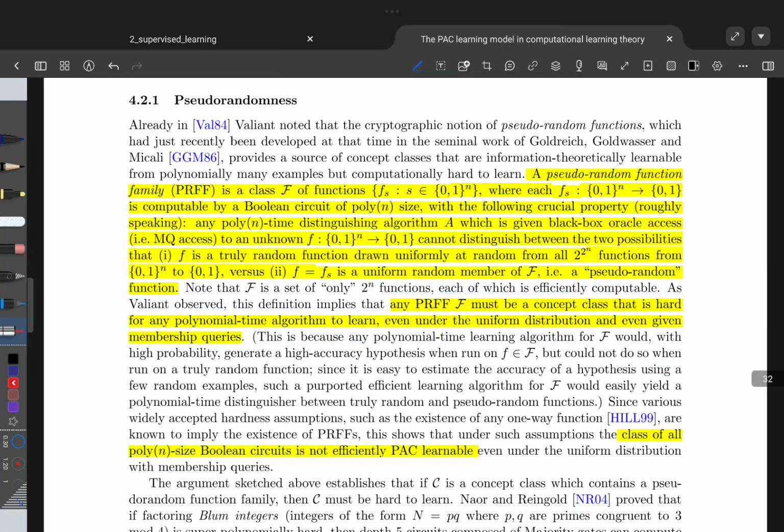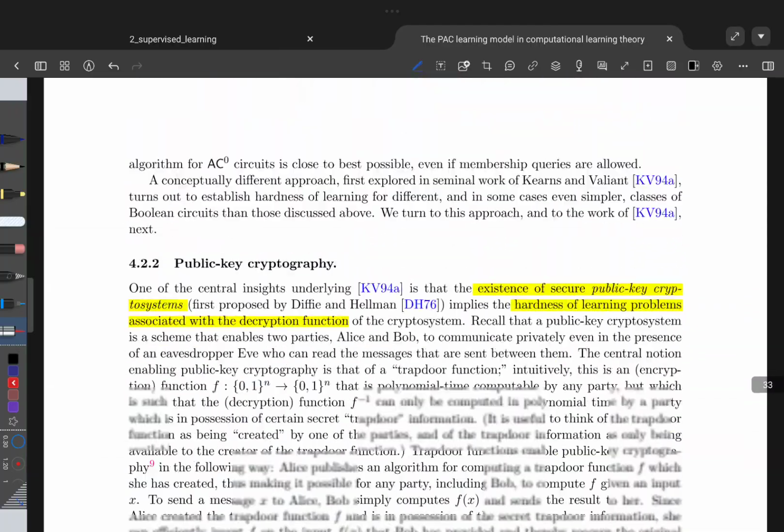But there are also results known where even without such assumptions, you can still prove hardness results, particularly using the theory of pseudo-randomness. Maybe I don't want to say much about this particular thing.